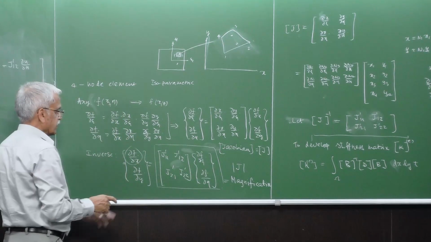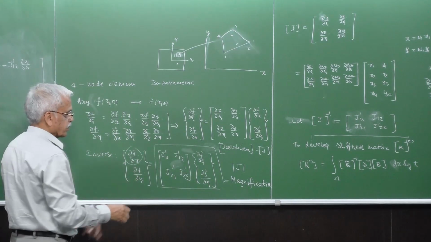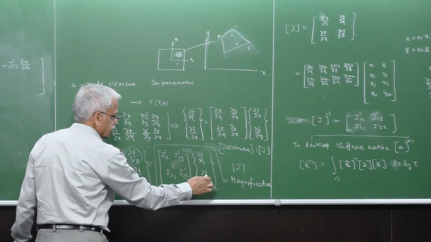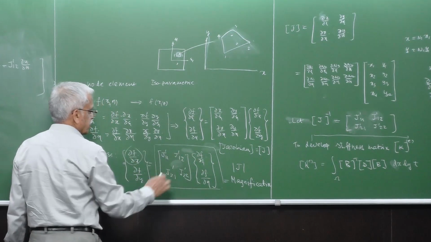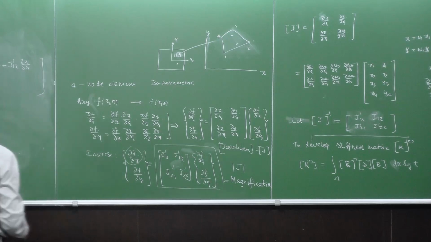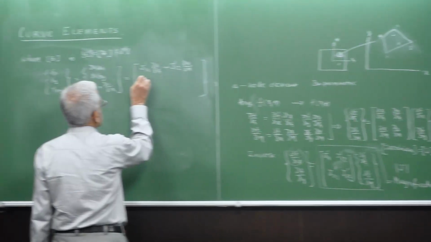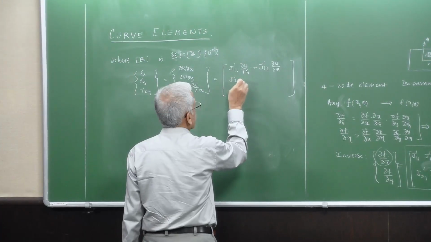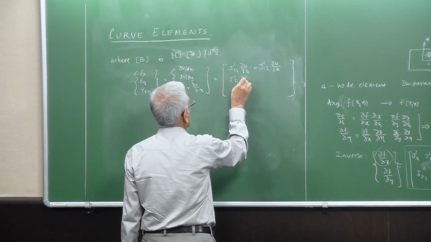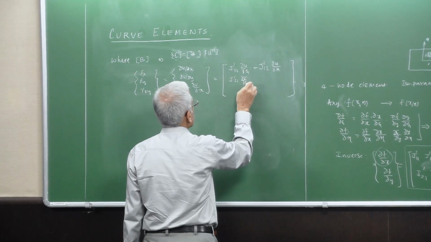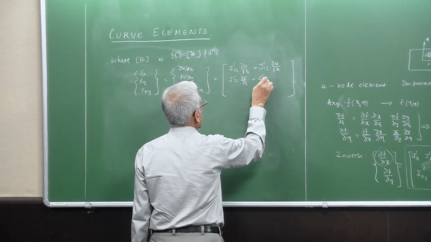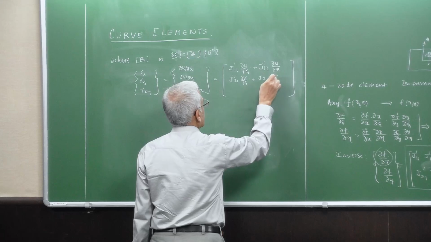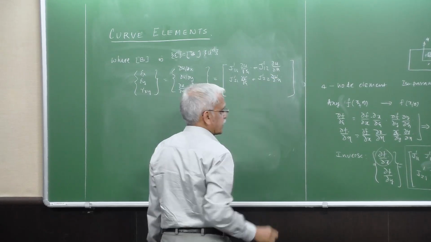So what it means is that if you want to get the derivative with respect to x, get the derivative with xi and eta and pre-multiply with J11, J12. Similarly, the derivative with y is J prime 2 1 dou v by dou xi and J prime 2 2 dou v by dou eta.